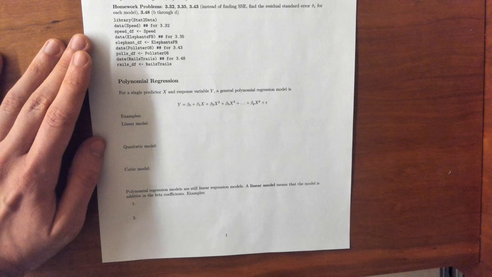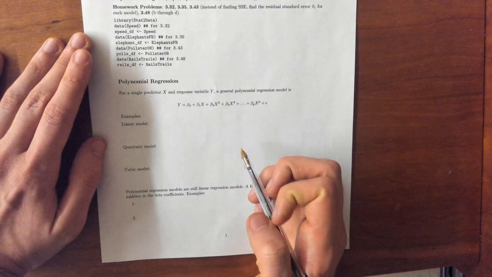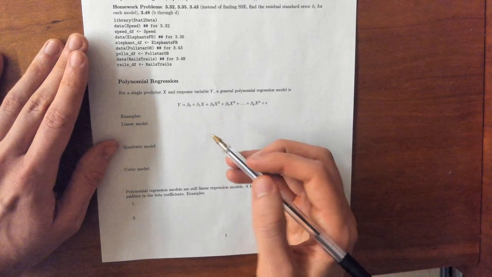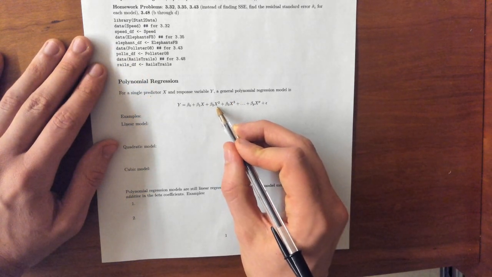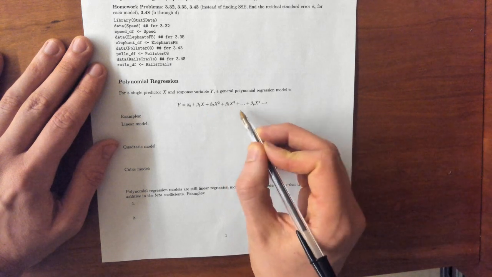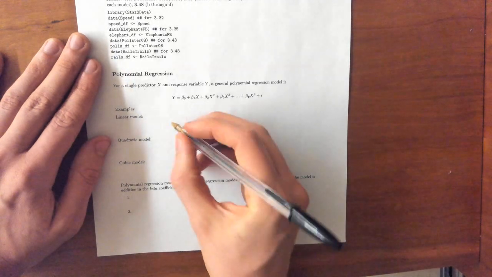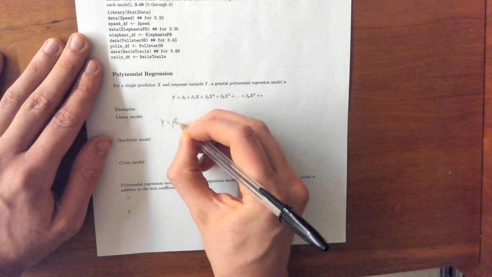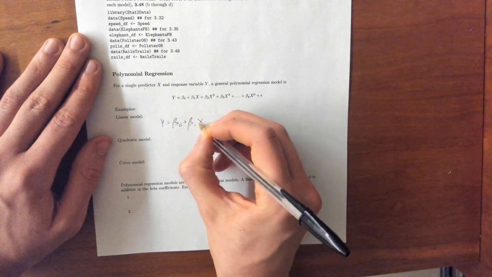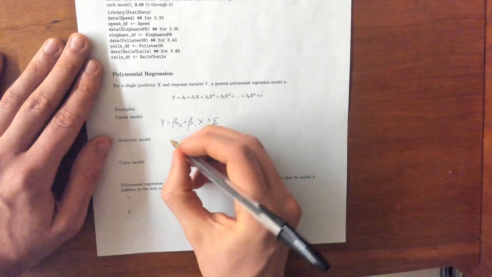A polynomial regression model, in general, refers to any model in which one of the explanatory variables is squared or cubed or raised to the fourth or whatever. Examples include our usual linear regression model, which technically falls under this because it's just raising x to the first.